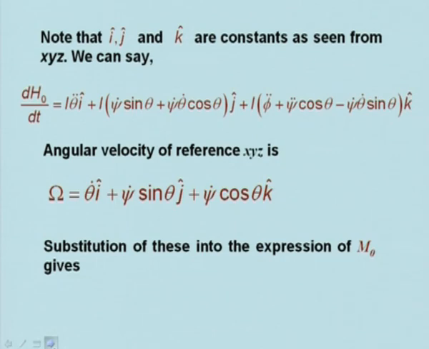Then we can say that dH0 by dt is equal to I theta double dot i plus I psi dot sin theta plus psi dot theta dot cos theta j plus Iz phi dot plus psi dot cos theta minus psi dot theta dot sin theta k, and the angular velocity of reference xyz is omega is equal to theta dot i plus psi dot sin theta j plus psi dot cos theta k.